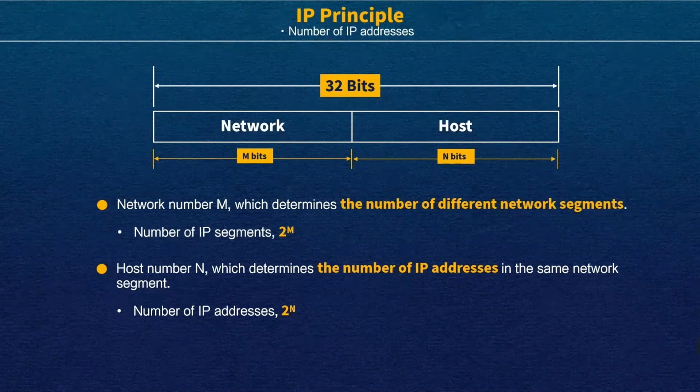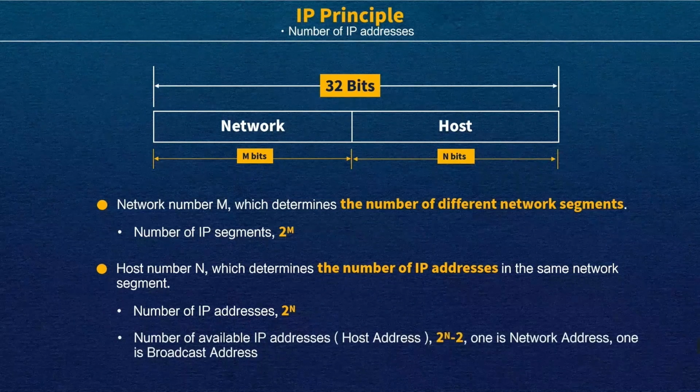But if you define the different IP segments to become 16, you will have lots of different segments, but in each segment, the host number is smaller than the first one. So this is different.